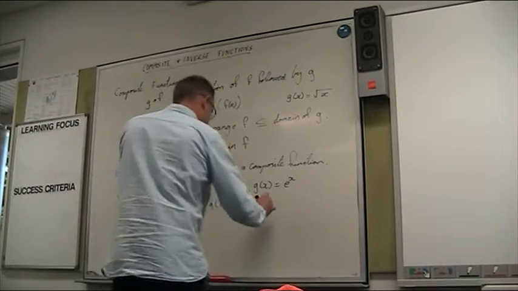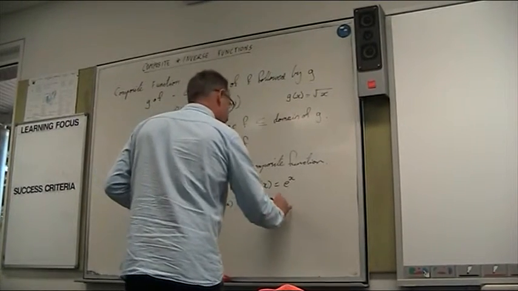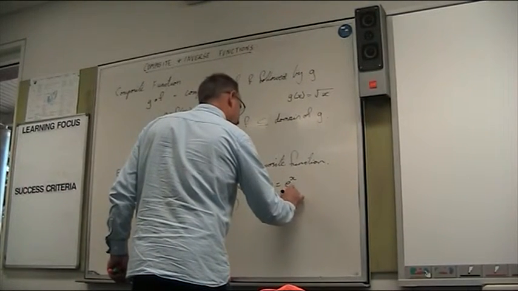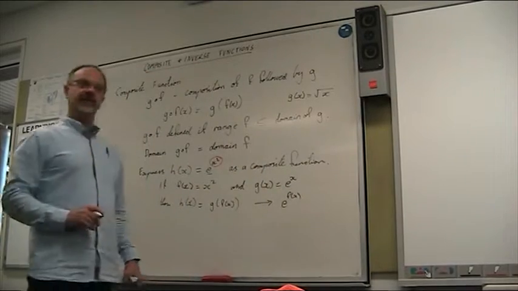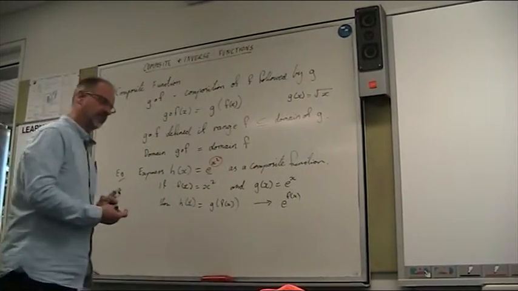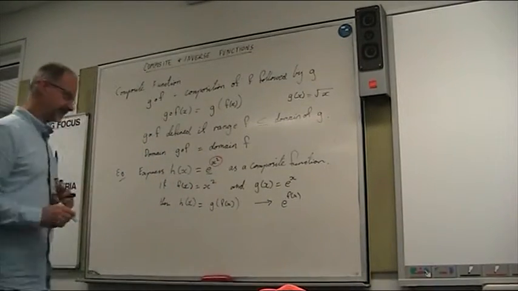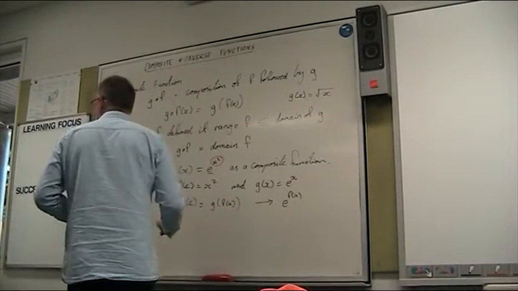Alright, so if you like, g, excuse me, so we're doing e to the f of x, and f of x is of course x squared. So that's g∘f.